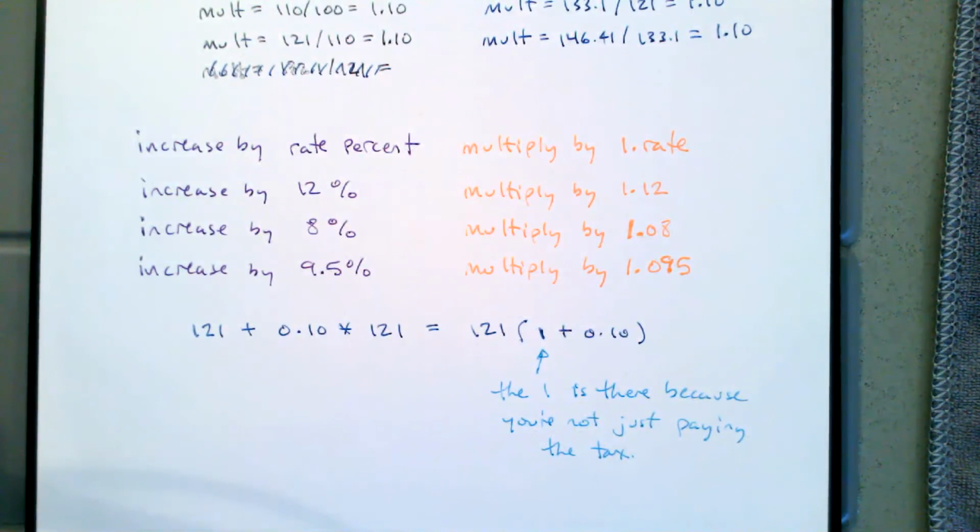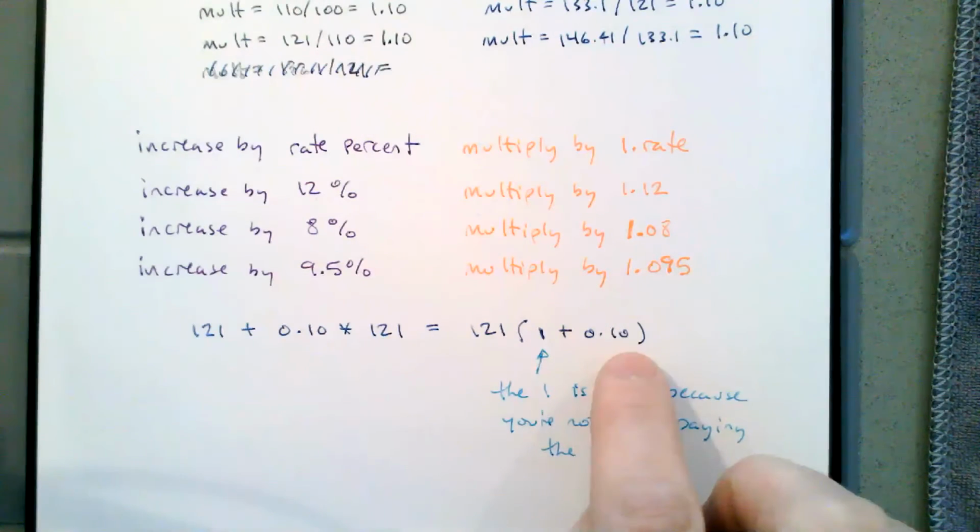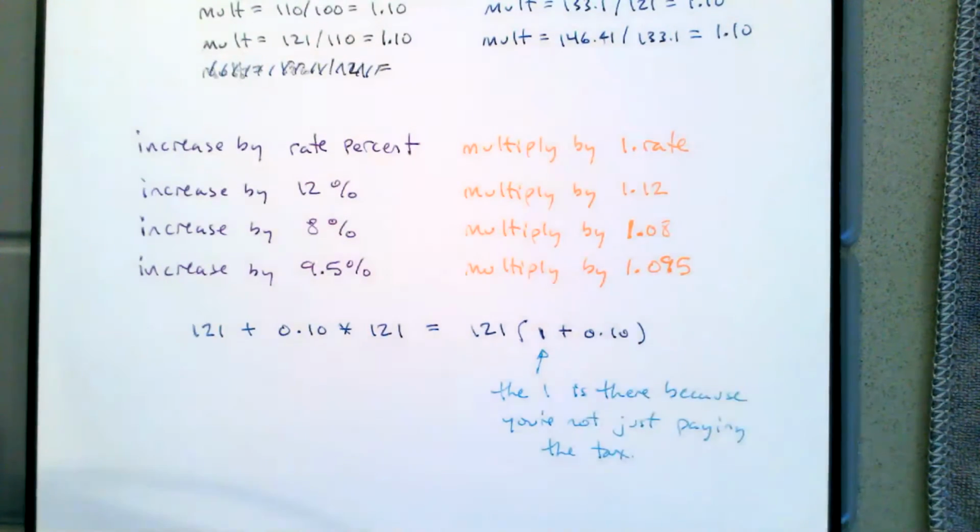We're adding to the amount that we started with. So we can see how the plus 10% turns into multiply by 1.10. Here we have the increase by 10%, and that turns into multiply by 1.10.